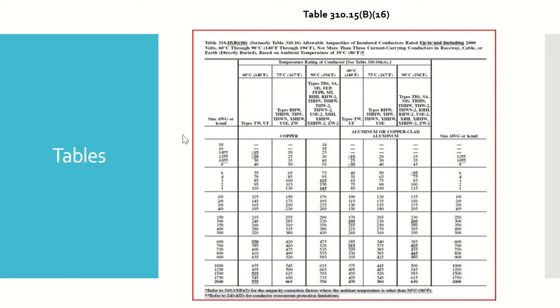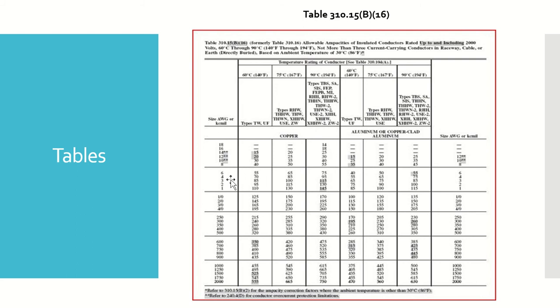So let's do an example where we manipulate this chart. Common wire, THWN-2 and size number 6. So the first thing I have to do is look at these charts. I can see that THWN-2 is a 90 degrees C conductor.